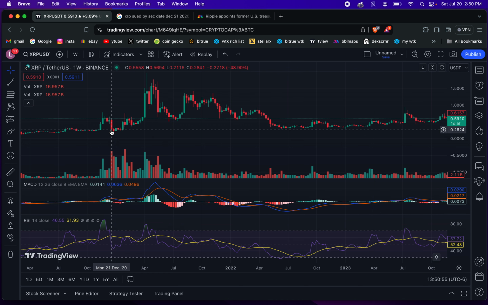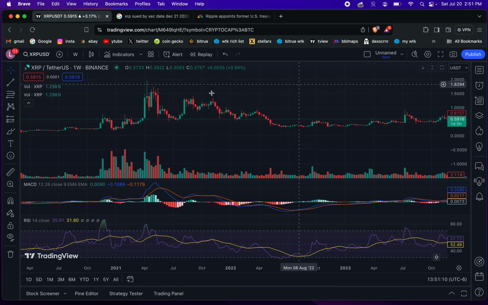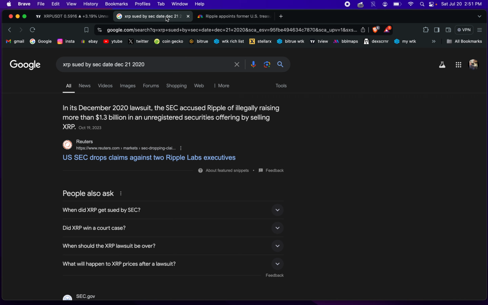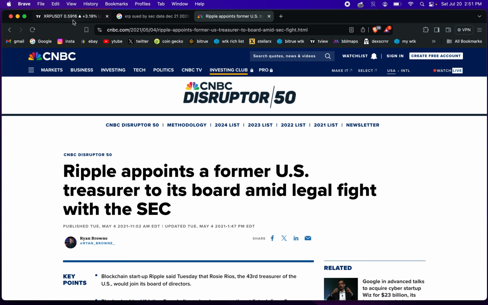It was 24 cents, guys. It went all the way down to 18 cents, to around 17 cents. So if you had bought that fear, at 17 cents, and then this is the mega bull run, it just started running up. It went to $1.96, guys.